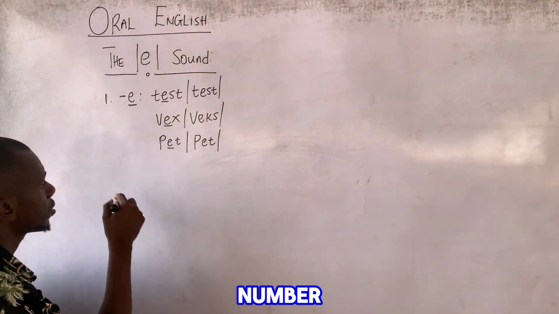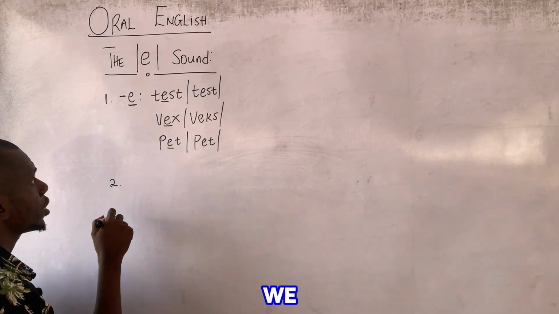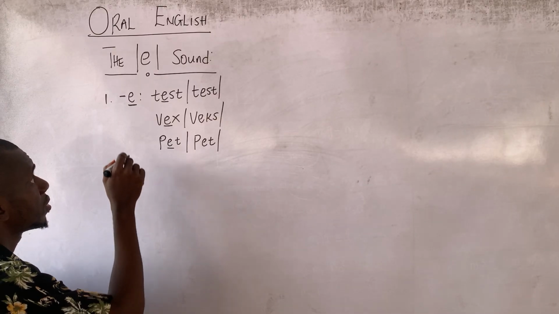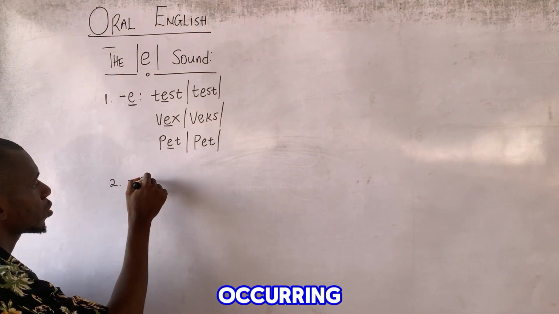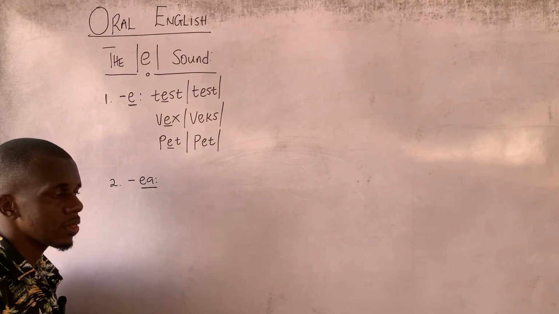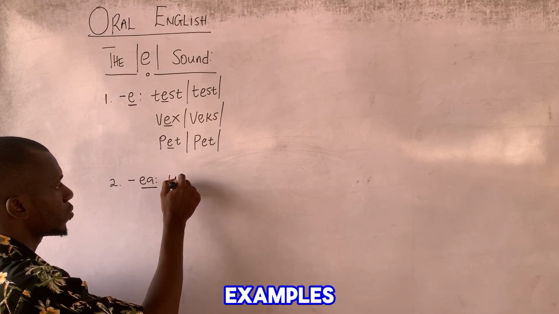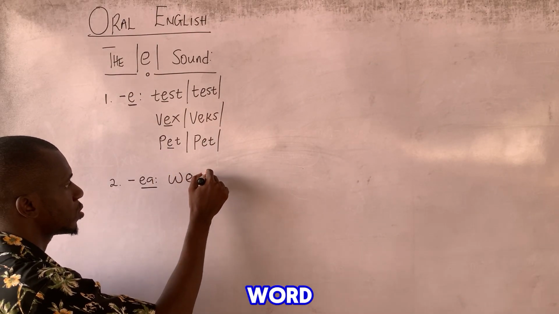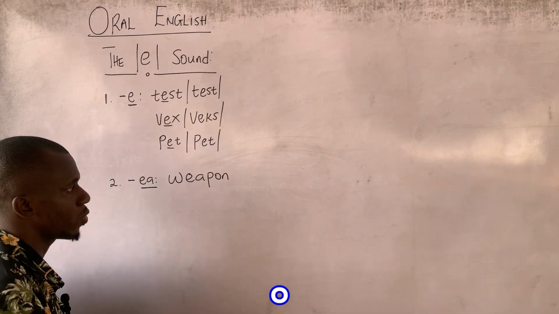Number two, we also have the air sound occurring in words that have letters EA. Let's see some examples, as in the word weapon.